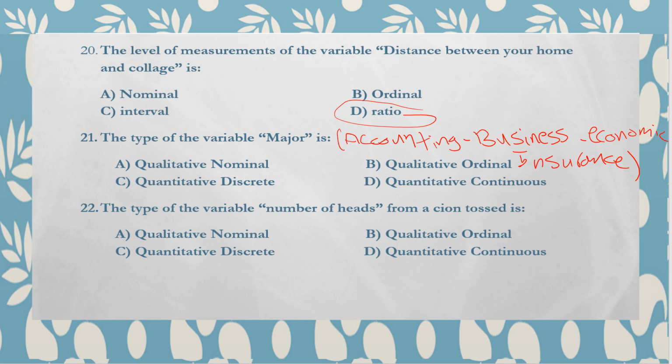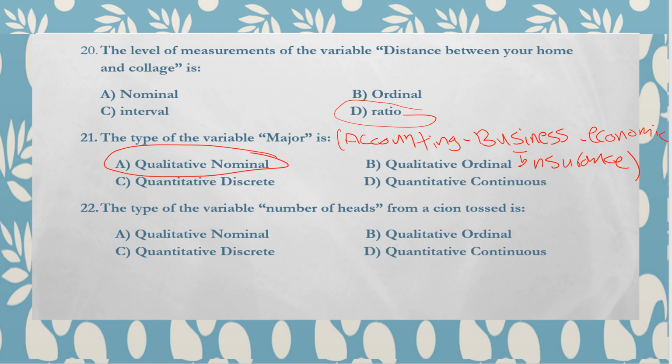This variable is a non-numeric and categorical variable and cannot be arranged. This variable is a qualitative nominal variable, and the correct answer is B.